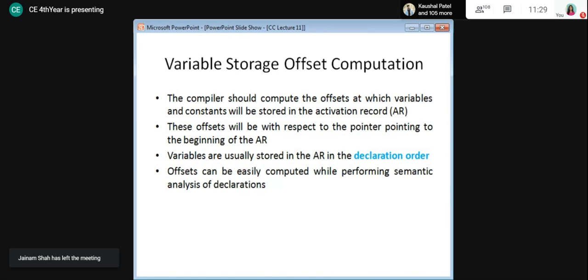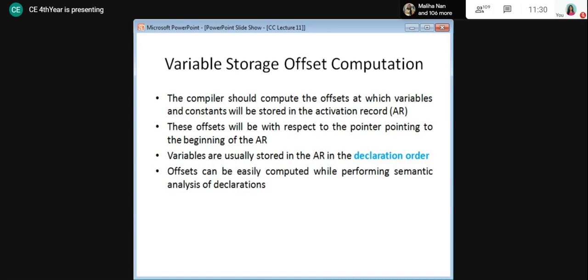In one activation record, we will have multiple variables and lots of constants, which we store according to the structure discussed previously. These offsets must be calculated by the compiler. These offsets will be with respect to the pointer pointing to the beginning of the AR, the starting of the AR, which we will call base.